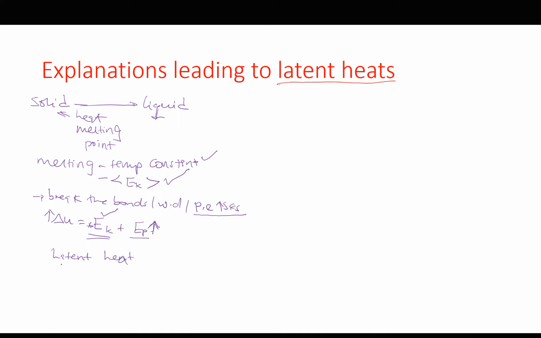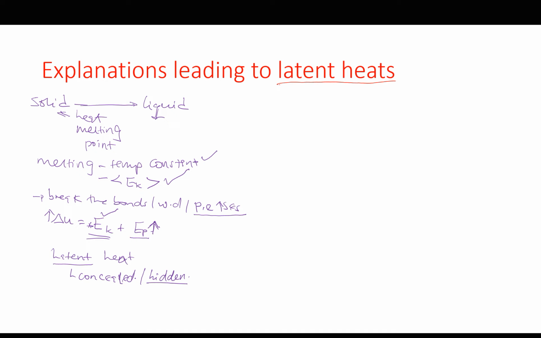The word latent means concealed. In layman's language, this would mean hidden. So it's like its effect is concealed. We can't see it physically, but it doesn't mean it's just wasted.